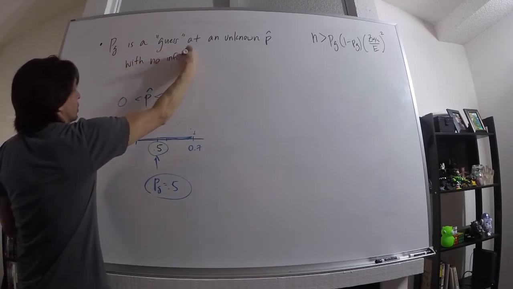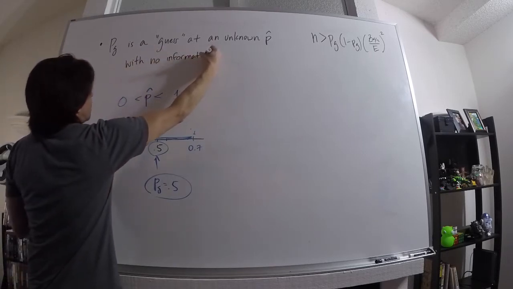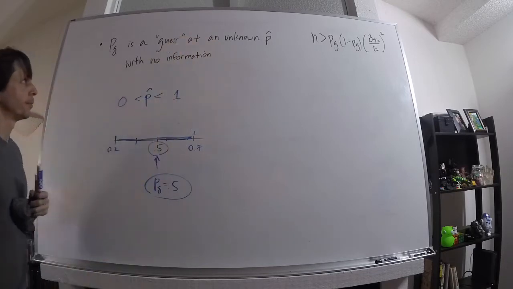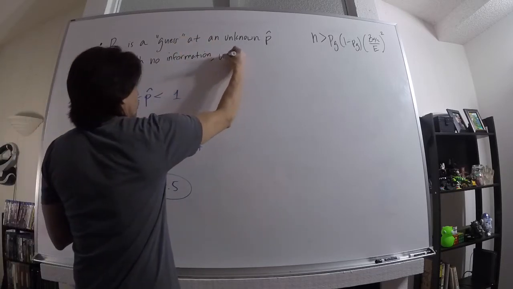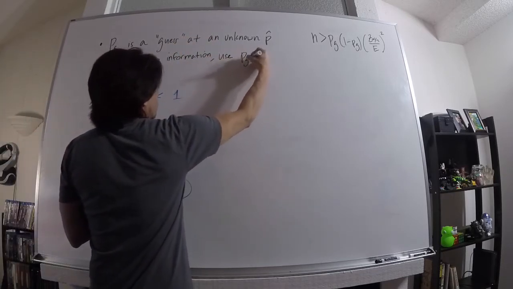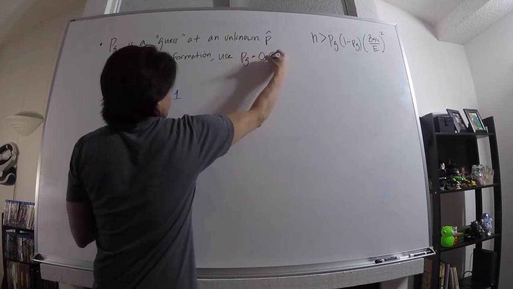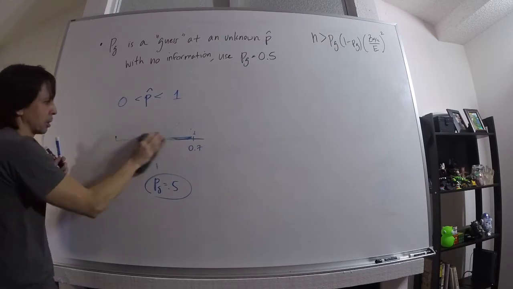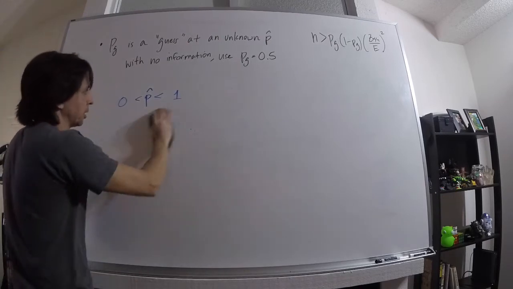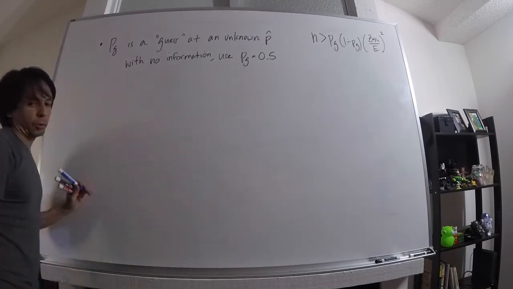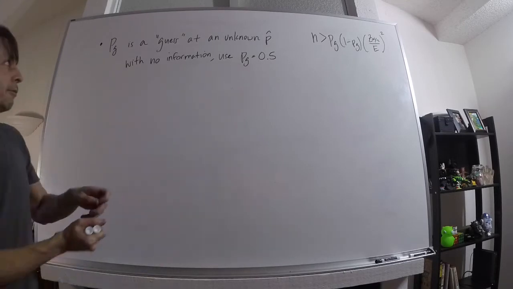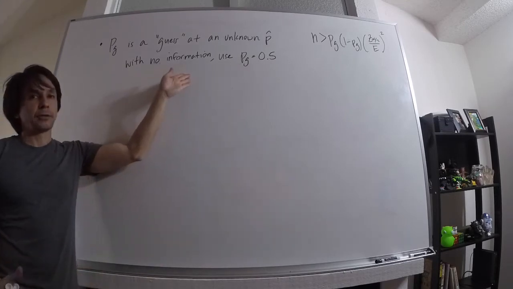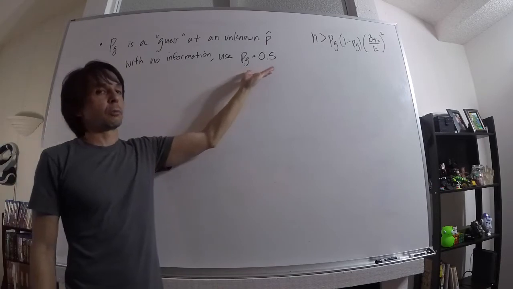The realistic scenario is you have no information about P hat before you start your survey. You're going to use PG equal to 0.5. Forget the interval rule, because that was just a rule they mentioned in the book. There's a mathematical basis for it, but it's not a realistic scenario. What's more realistic is having no information about P hat, and in that case you're going to use PG equal to 0.5.